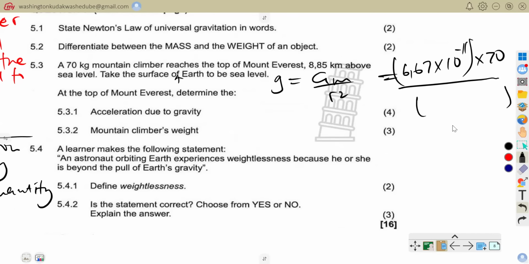So we are saying that this becomes the distance, or else the radius, the distance from the center of the earth. This being the surface of the earth, they say take the surface of the earth to be sea level.